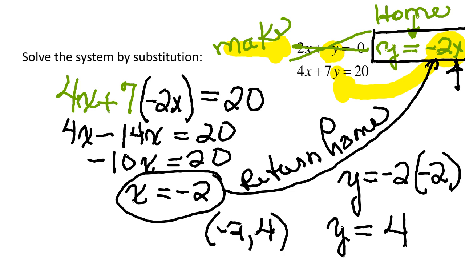But remember, we can check it. Now this is your choice. If I check it, I am going to write 4 parentheses, negative 2 plus 7 times 4, and this had better give me 20. This is my check.